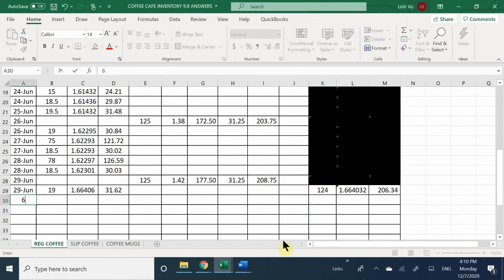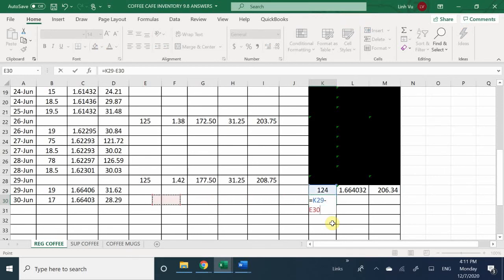We'll start with our regular coffee. 630, and this one was 17 pounds, at our new rate of 1.664032, giving us a total of $28.29. Perfect.